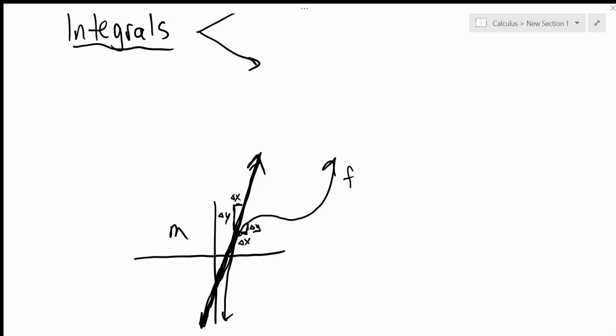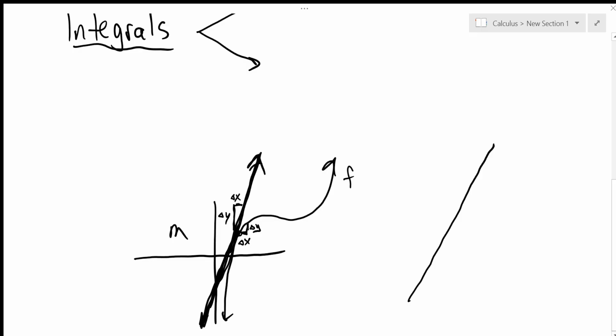But if you were to zoom in, picture the curve of f there, and you zoom in closer and closer at that point that we picked, even though that curve is in fact curved, the closer you get, the more of a straight line it looks like. And so if we zoom in really far, that curve zoomed in is actually a straight line.